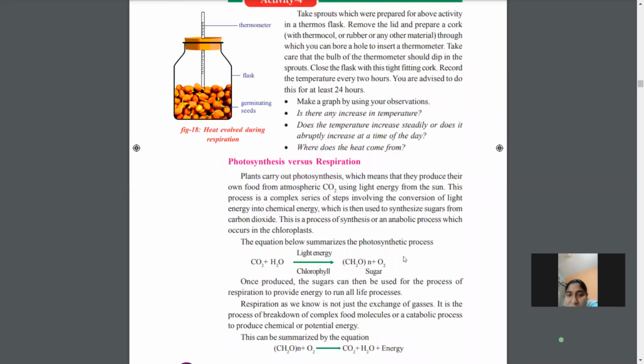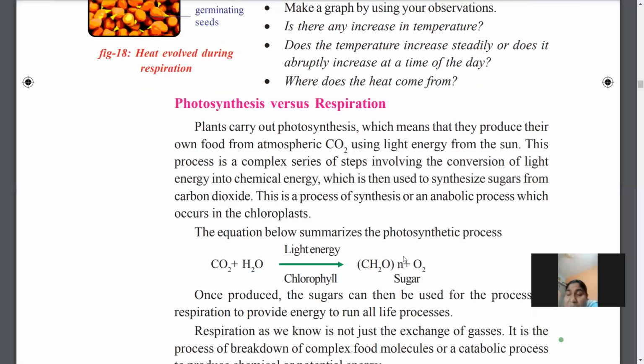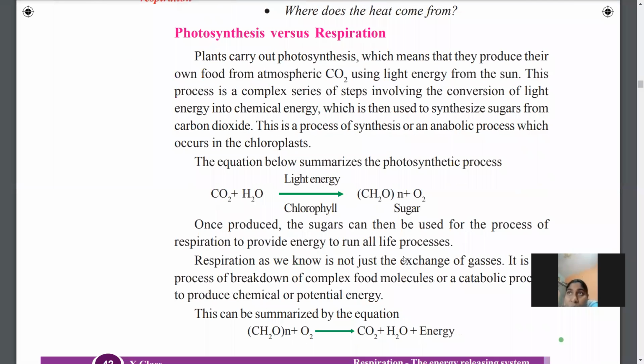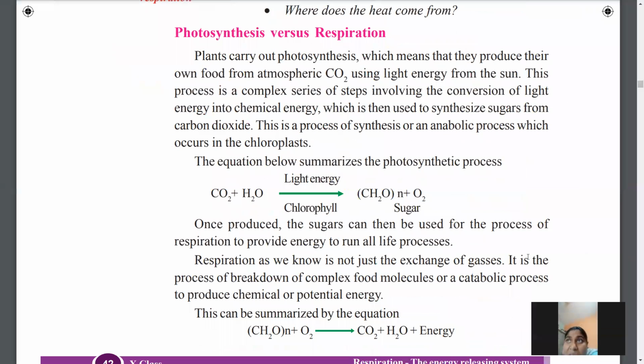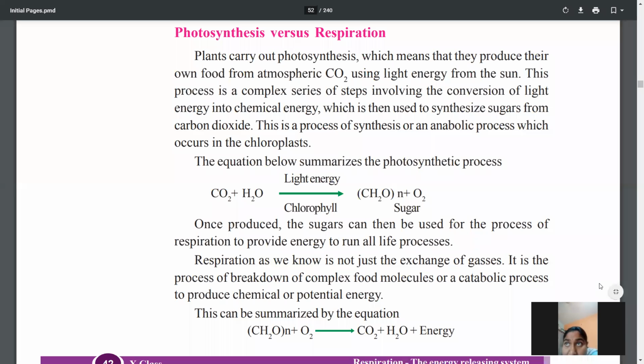In photosynthesis, the plants make their own food by utilizing sunlight and the carbon dioxide taken up by the plants. That is a constructive process where the synthesis of food is taking place.